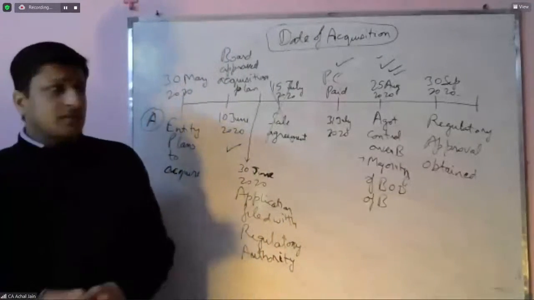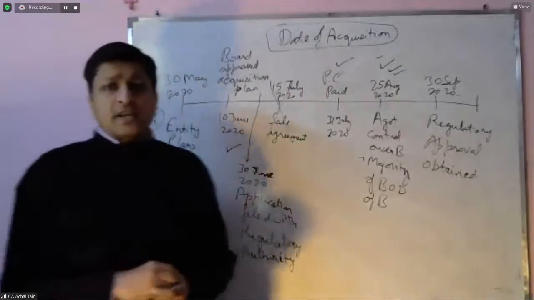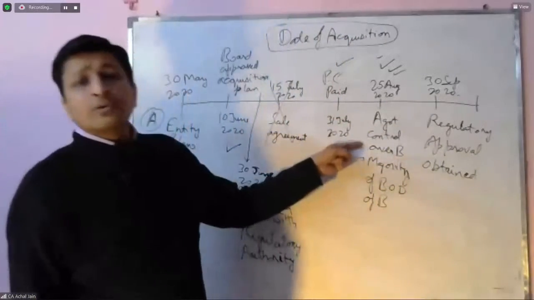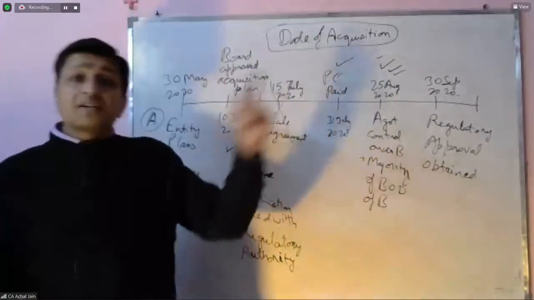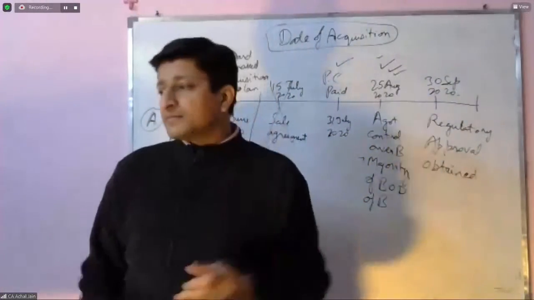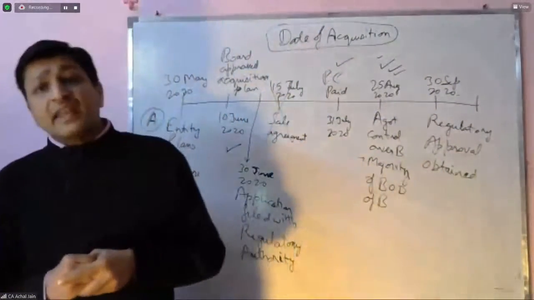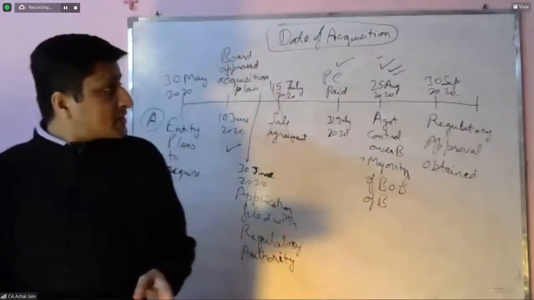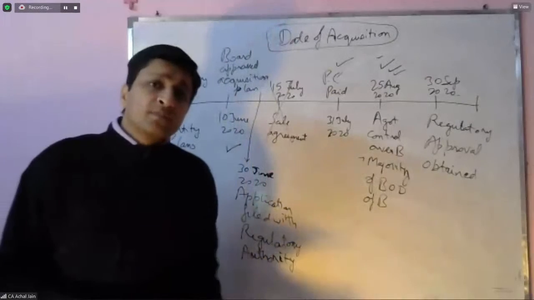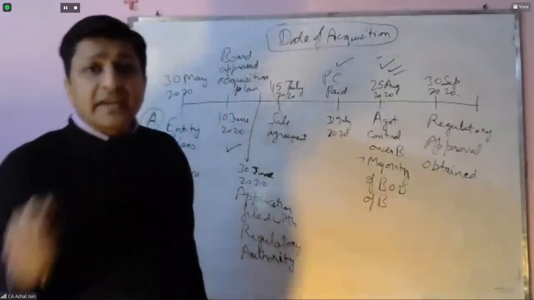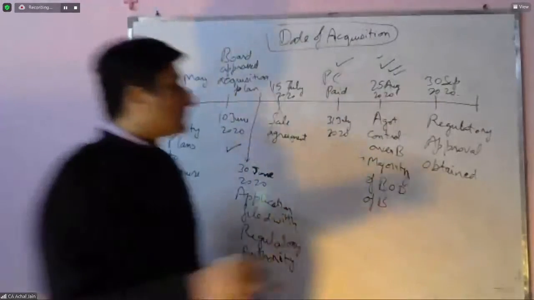Now, in this case, we need to understand that even though control is obtained on 25th of August, still regulatory approval is pending. And whenever any regulatory approval is pending, what do we need to check? We need to check whether that regulatory approval is substantive in nature or not.